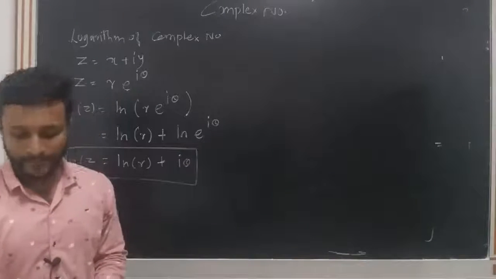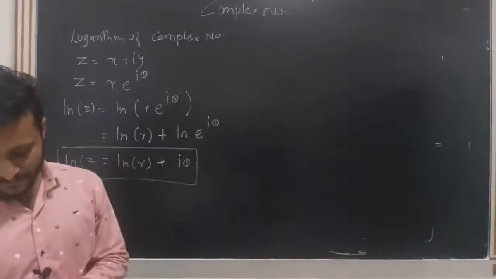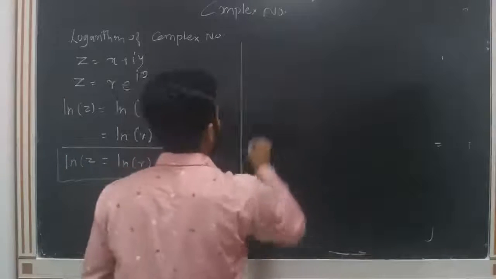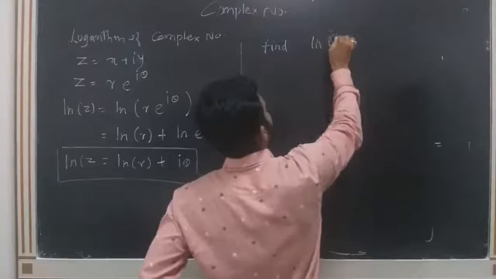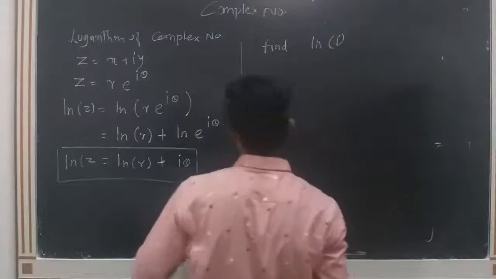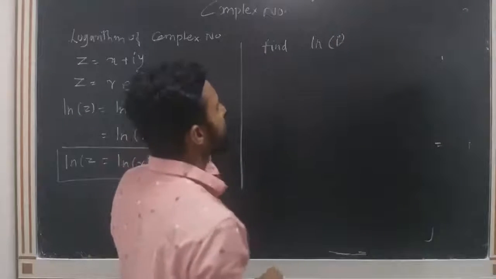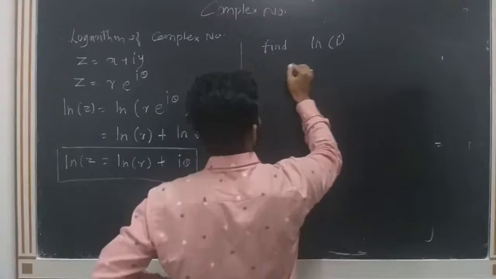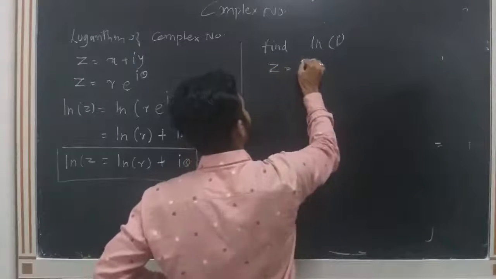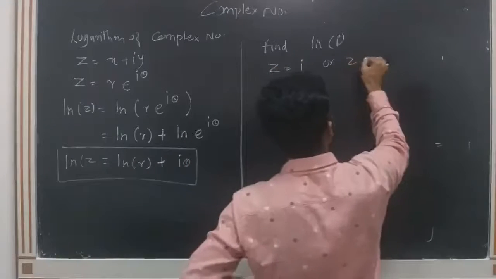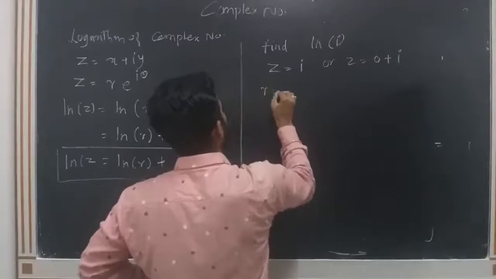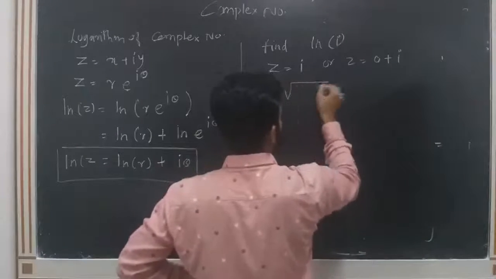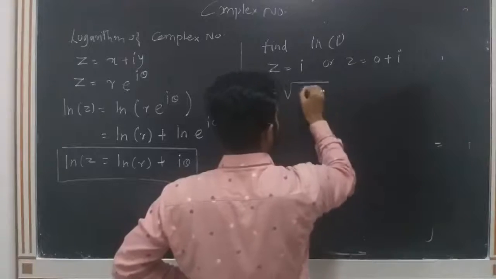Let's take a problem. Find log of I. Find ln of I. So very easy it is. We know that z is equal to I, or we can write z is equal to 0 plus I. Find out r, which is equal to the square root of 0 square plus 1 square, 1.